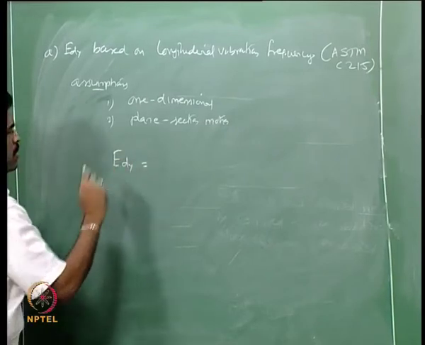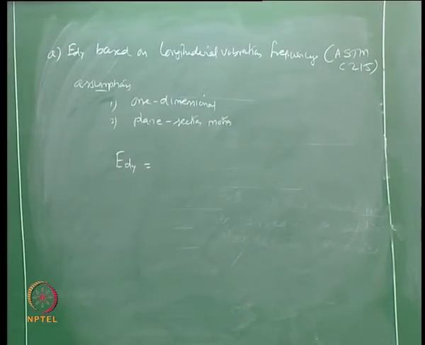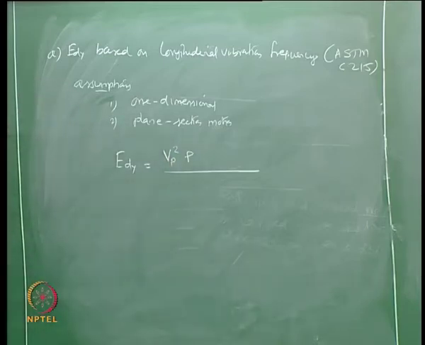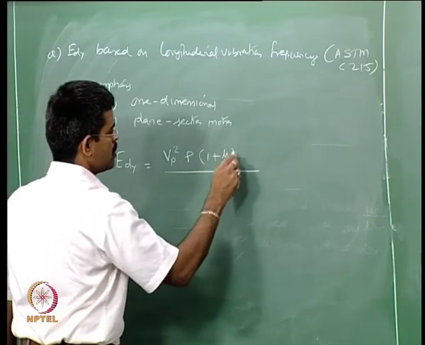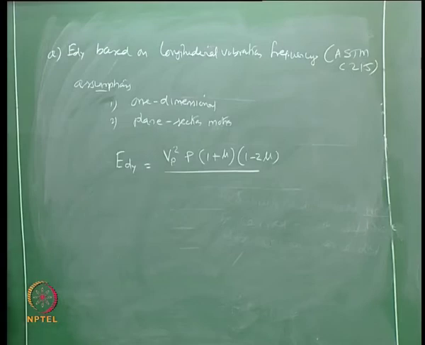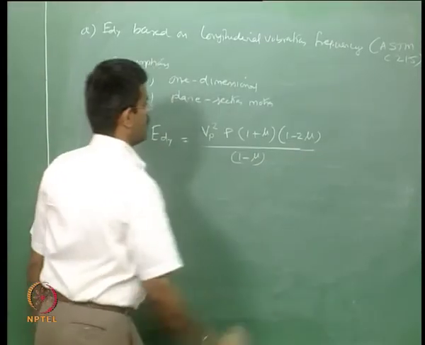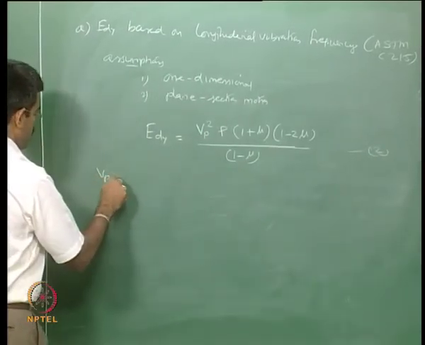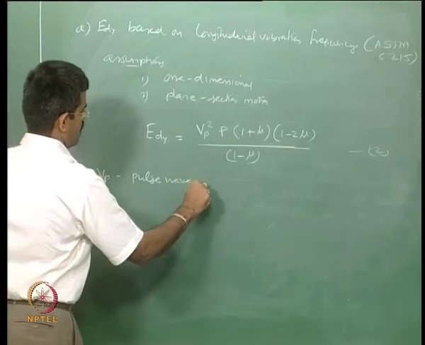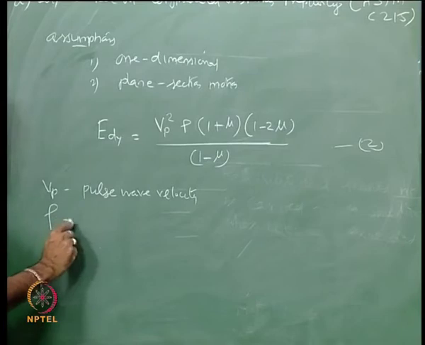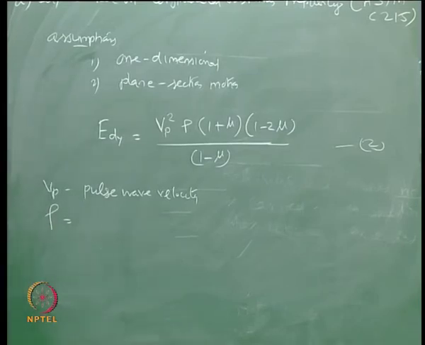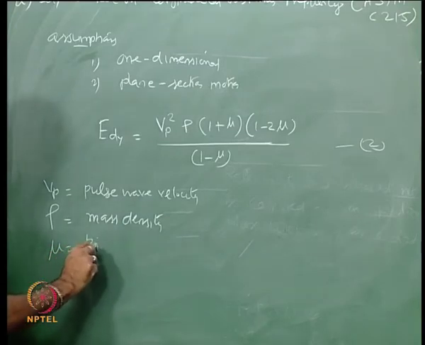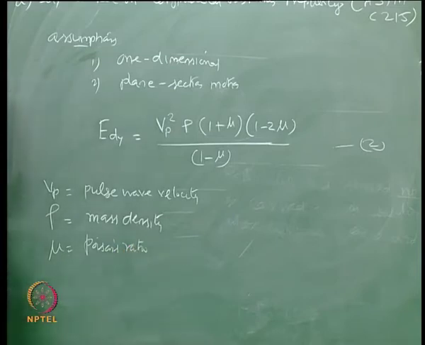It says E dynamic can be given by Vp square rho, equation number 2, where Vp is the pulse wave velocity, rho is the mass density, and mu is the Poisson's ratio of the material.